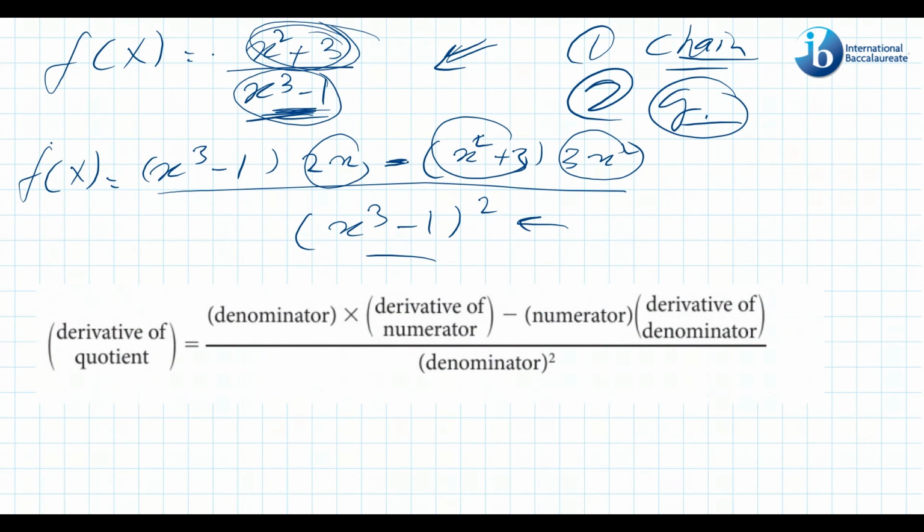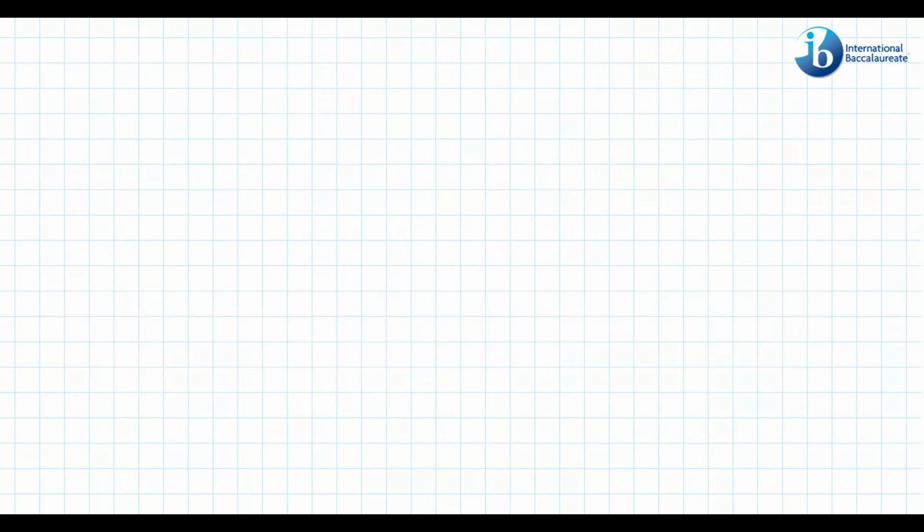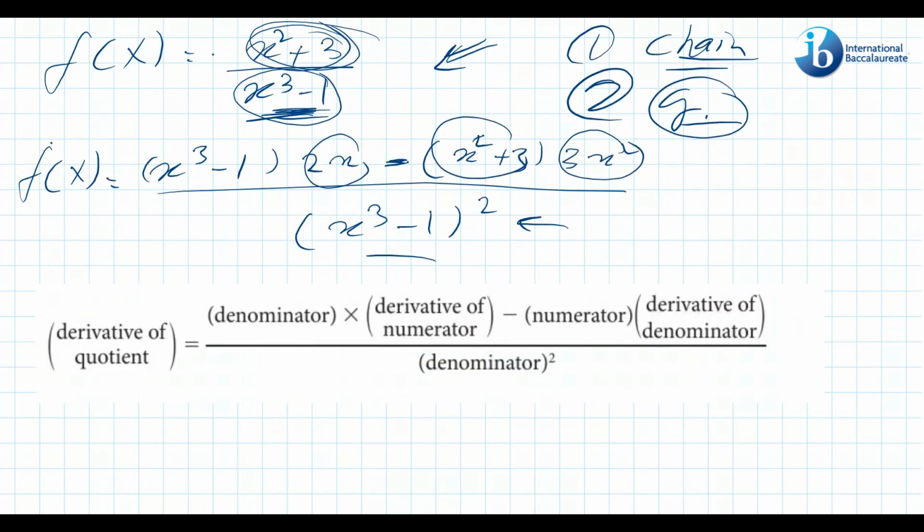Okay. Let's deal with another question such as f of x equals, and by the way, you're going to make it in a suitable form, like this is a mess, right?